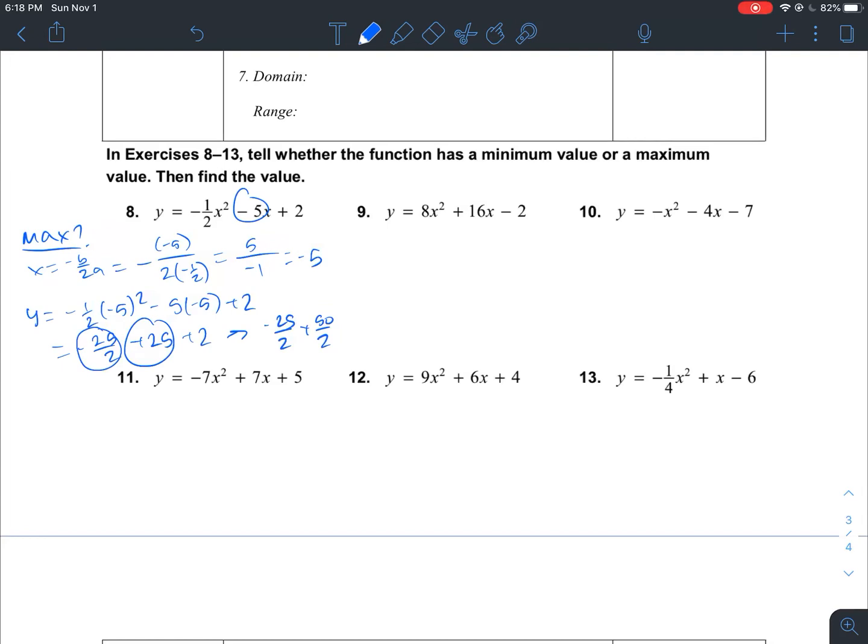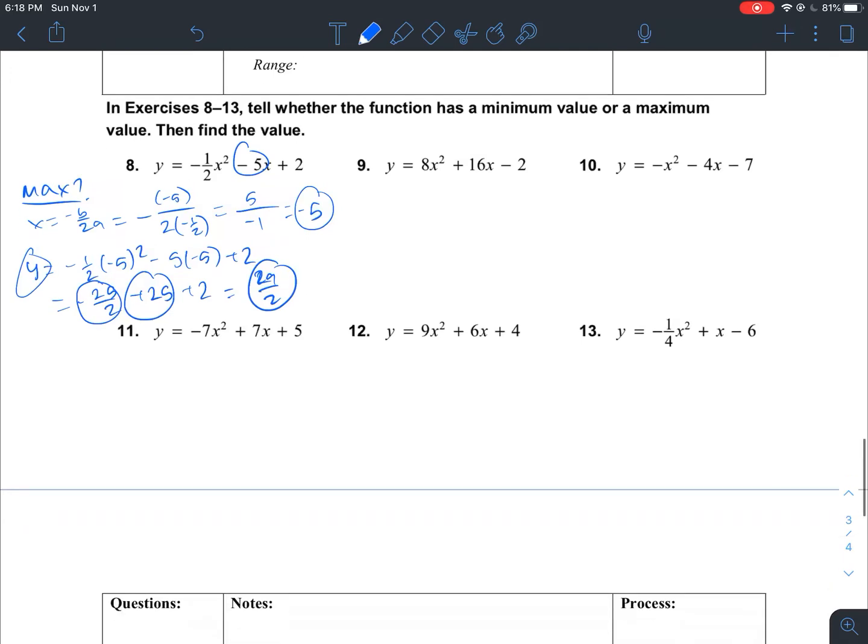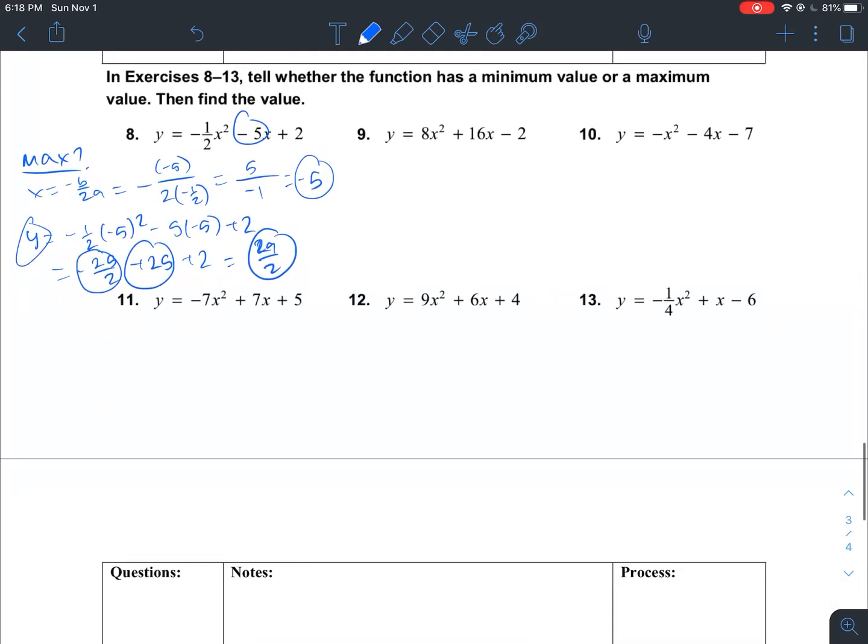So 25 over 2 plus 2 over 2, so 4 over 2, because that's the same thing as 2, so that's going to be 29 over 2. So that's equal to 29 over 2. So right there, we just found the y value when the x is negative 5, and that's equal to 29 over 2. So we just found the max value.